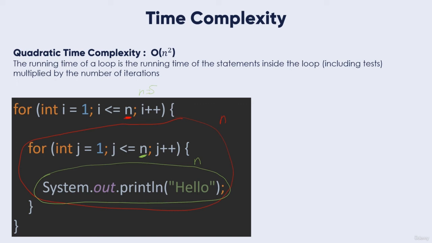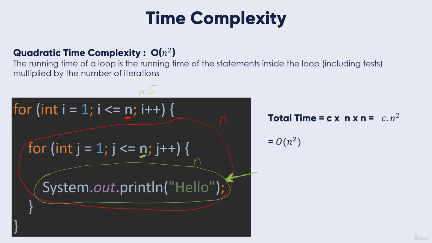So 5 times 5 is equal to 25 times. So therefore, we have the total time here. Since we have learned that System.out.print is not related to any input of the user, which is n, it is a constant.